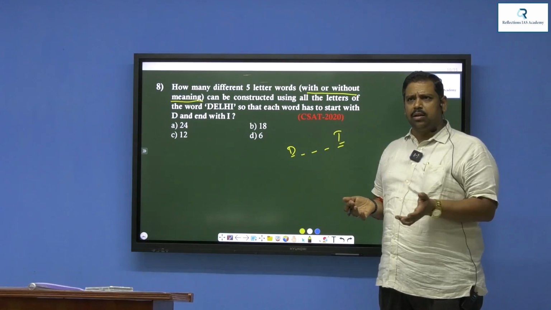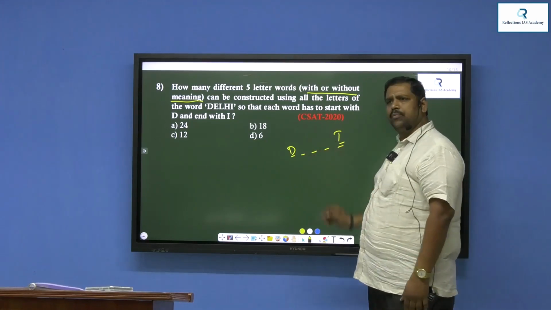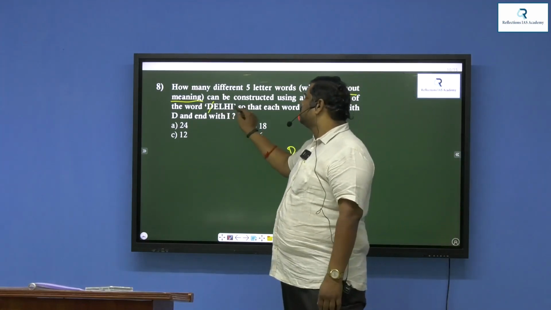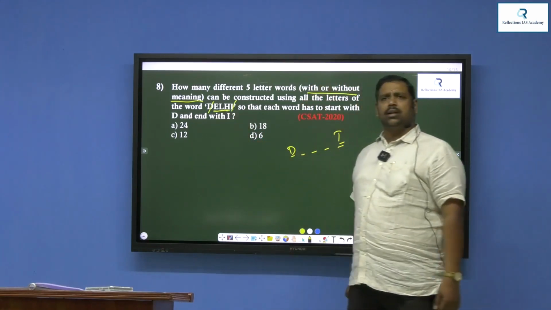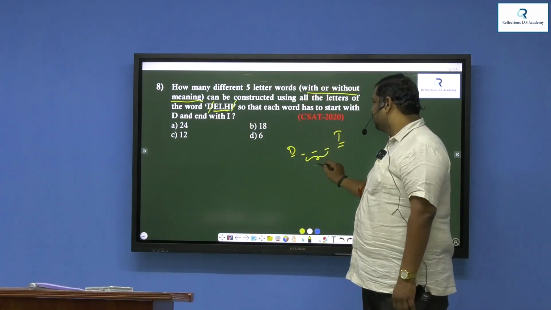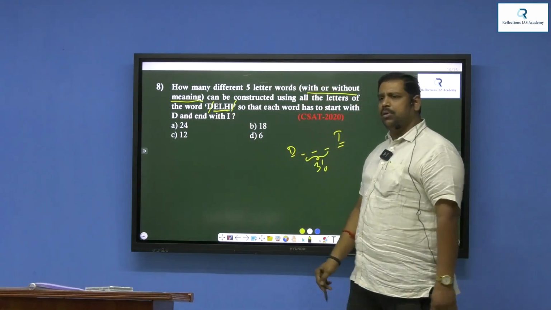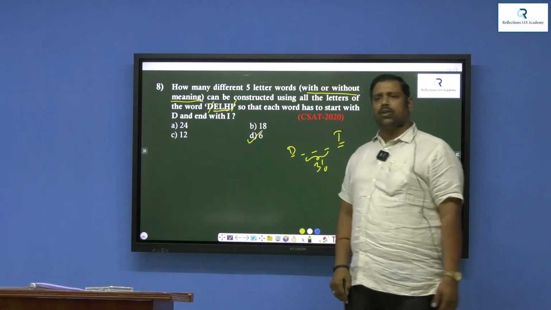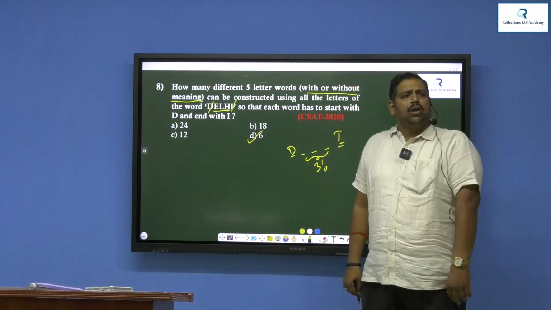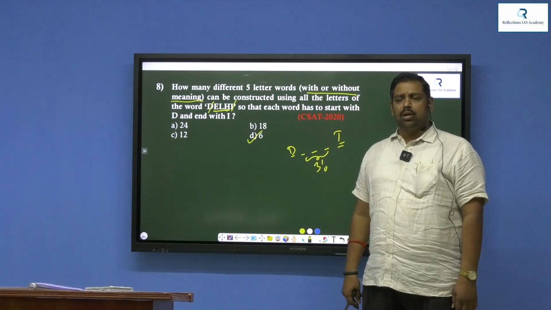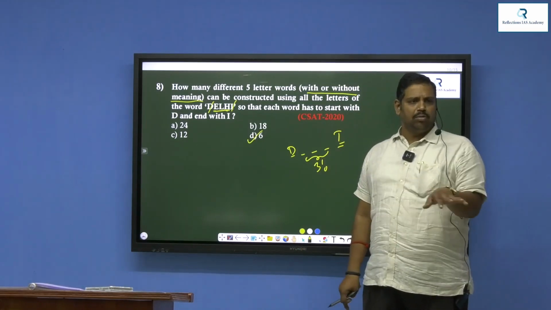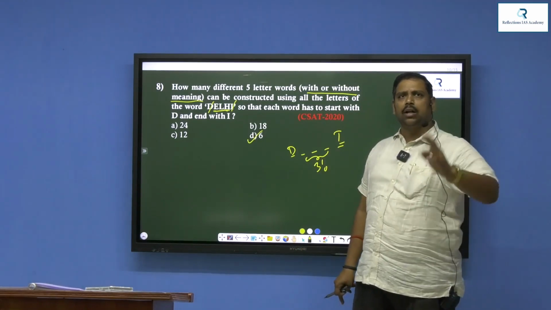My task is arranging the middle 3 only. These 2 are already gone. How many alphabets are there, and how many places? So can I say 3 factorial? So 6 ways. If repetition is allowed or not allowed? Not specified means not allowed. Right or wrong? Good. Can I go to the next question?